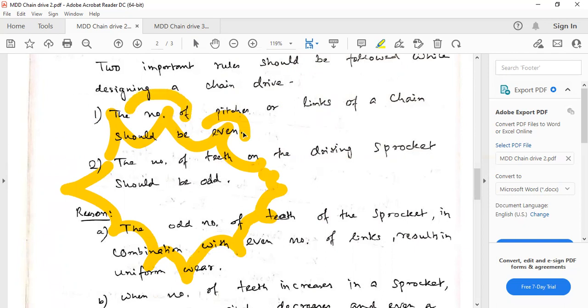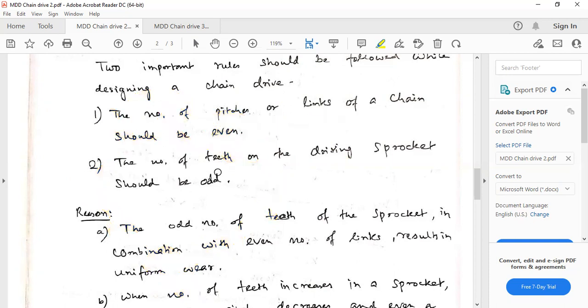So here one, two links, three, four links, six links, 8 links, 10 links, 12 links. Here the chain comes out. Here you can count 1, 2, 3, 4, 5, 6, 7. So seven, see, an odd number of teeth will engage with an even number of links.